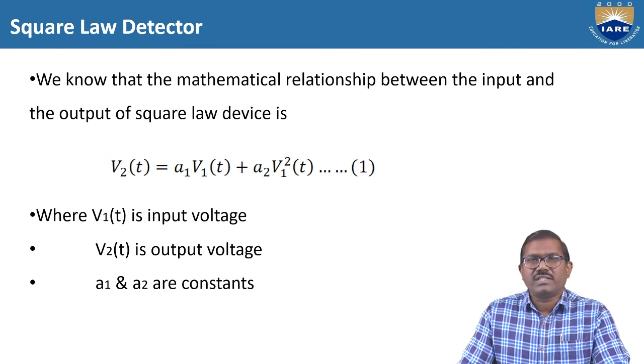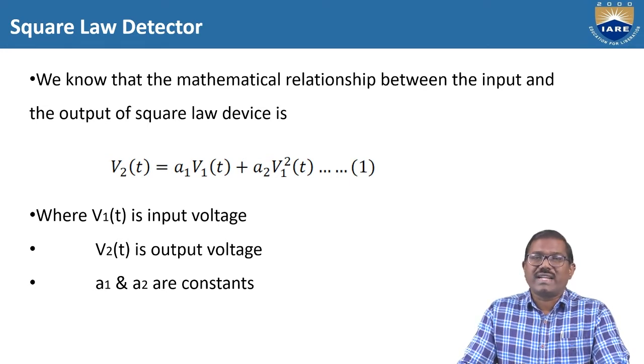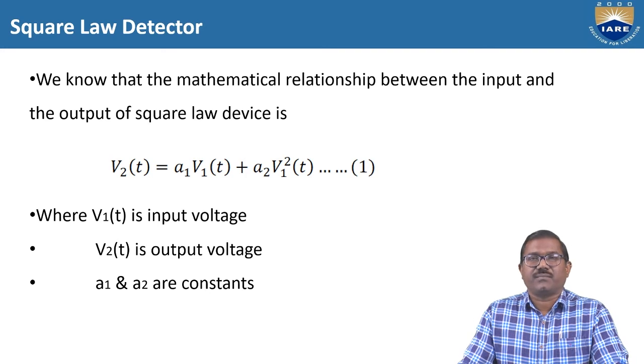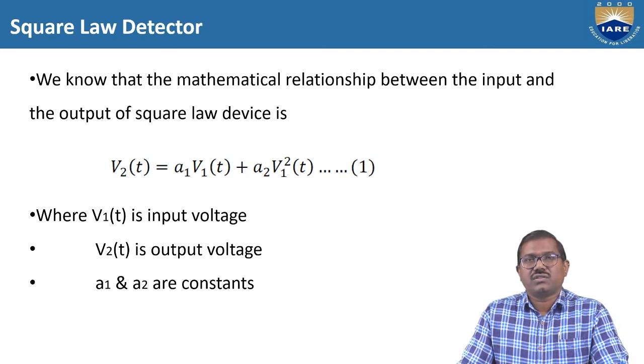This mathematical relationship of the square law device is already used in the square law modulator, which is the same. But here one main difference is we are using a low pass filter at the output of the detector. That means it allows low frequency signals only.